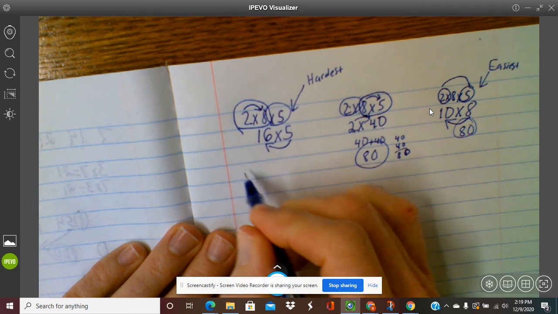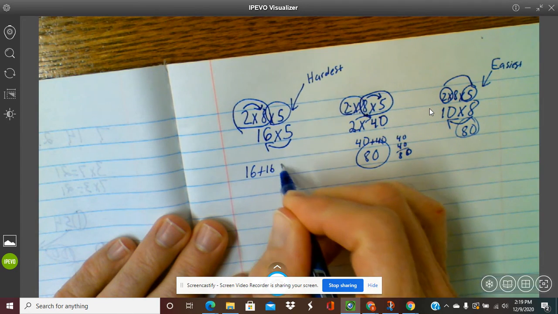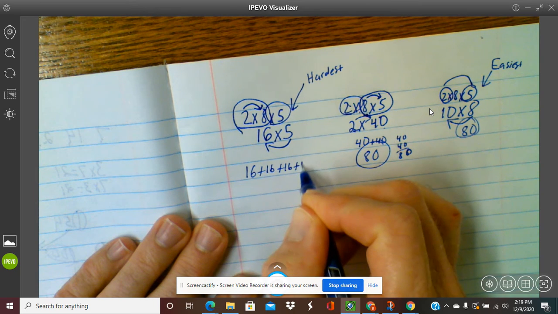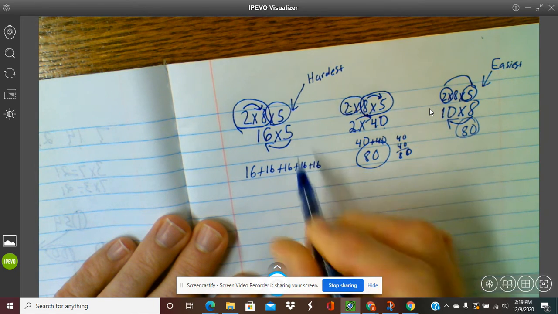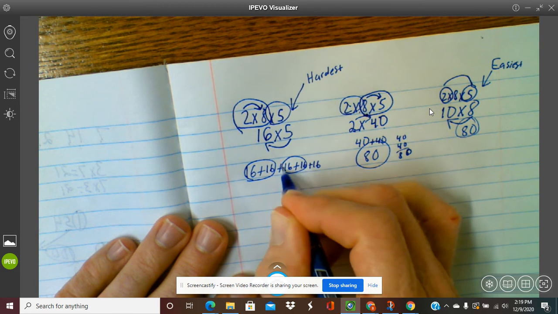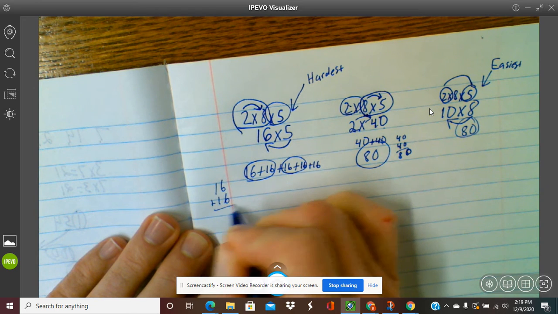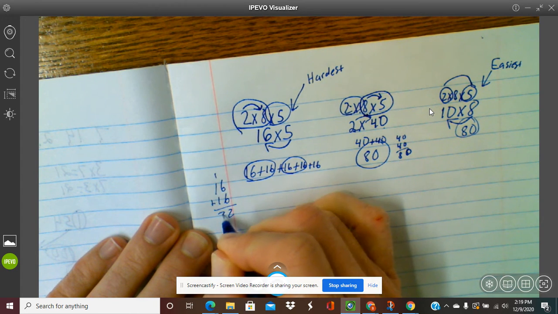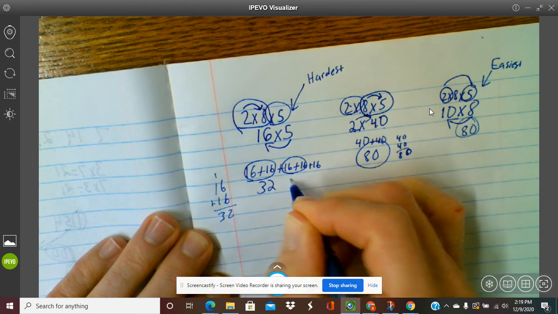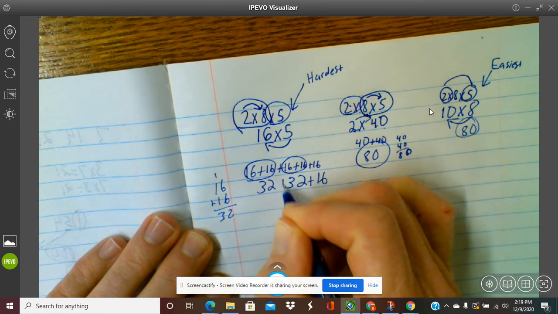So this one is different: 16 plus 16 plus 16 plus 16 plus 16. I decided to do 5 sixteens. I'm going to add up these two 16s and these two 16s, and I'll have one left over. 16 plus 16 is 32, 16 plus 16 is 32, and I've still got to add my other 16.